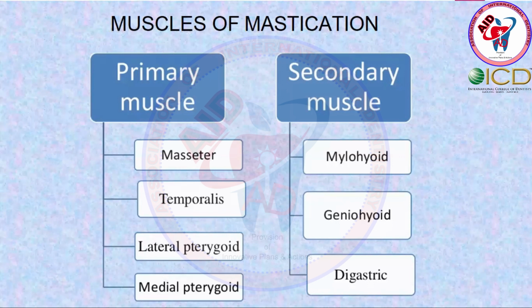And remember, these three secondary muscles, mylohyoid, geniohyoid and digastric, are the only muscles present at the chin level, and they act only in the downward movement of the mandible. The primary muscles of mastication are masseter, temporalis, lateral pterygoid and medial pterygoid.